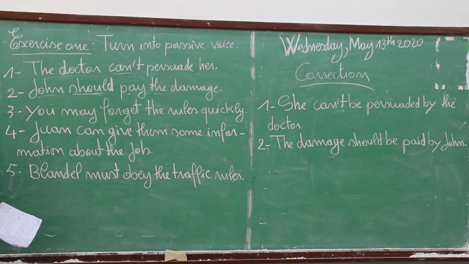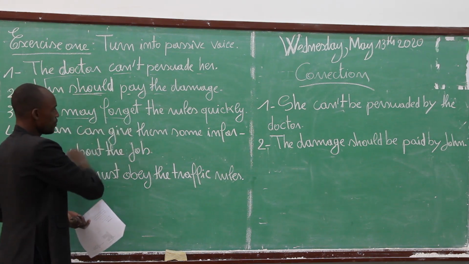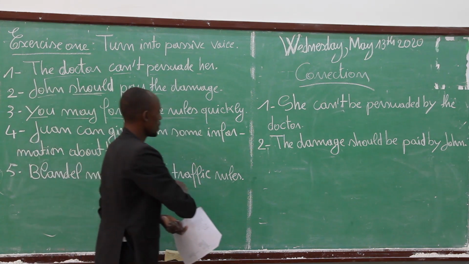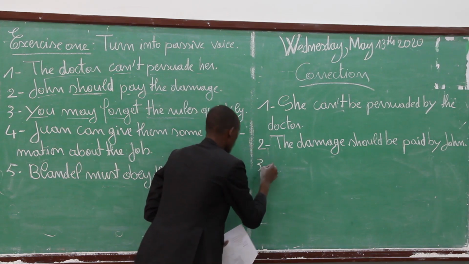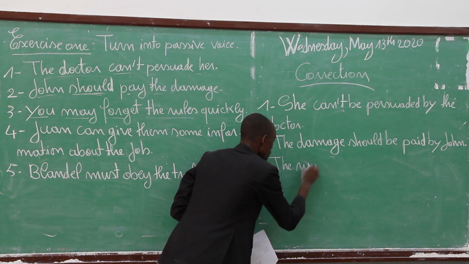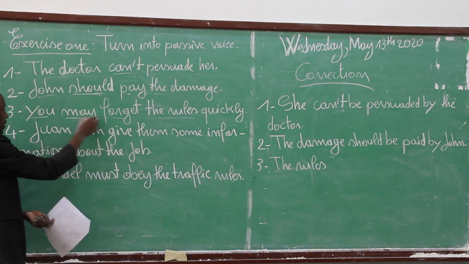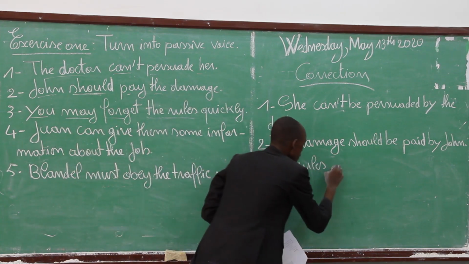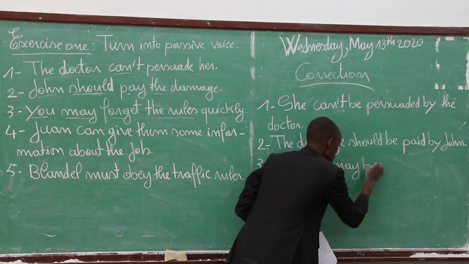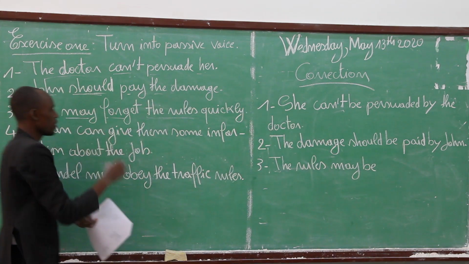And the next one, we have subject, modal, main verb in infinitive, and this is the object, the rules. We take the modal may, and after the modal we have be, followed by the past participle of the main verb, forgotten.